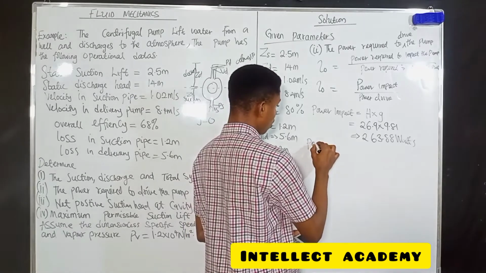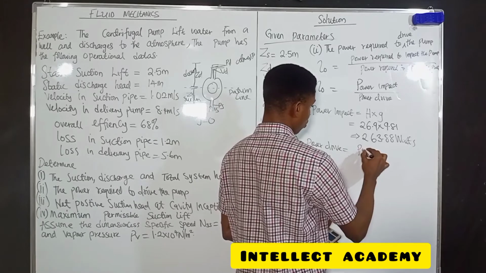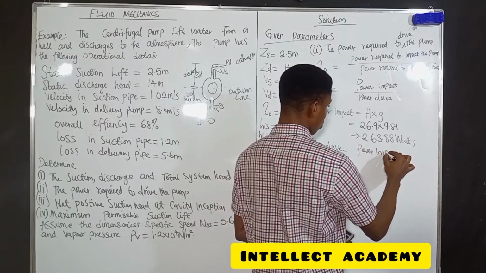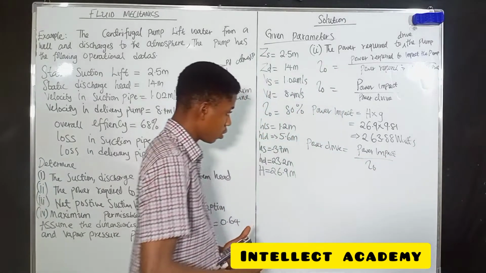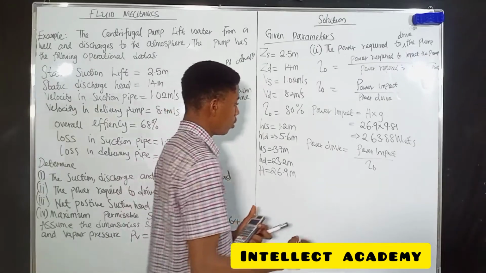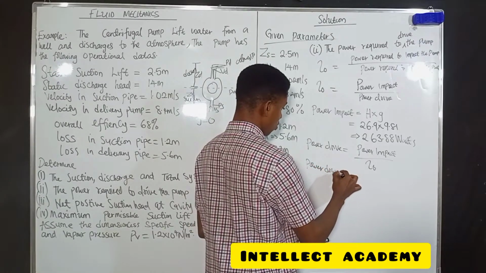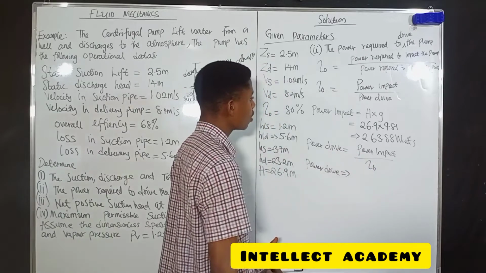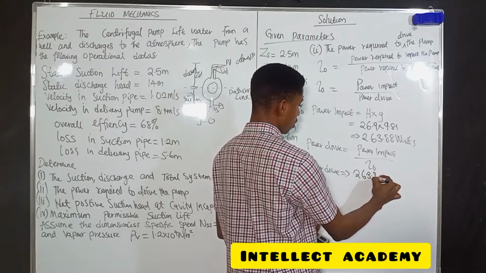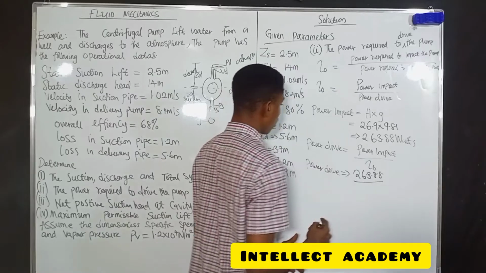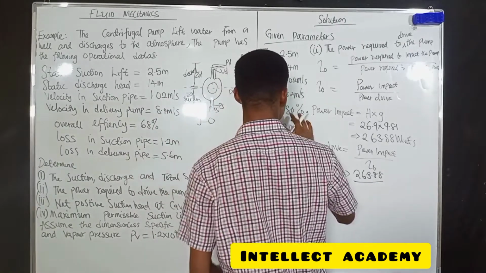So we have power drive, which is to drive the pump, is equal to power impact over efficiency. The power to impact is given by 263.88, over the efficiency, which is 68%.